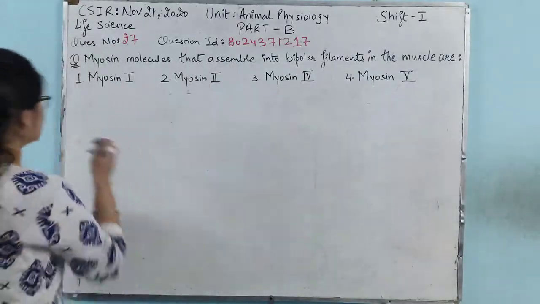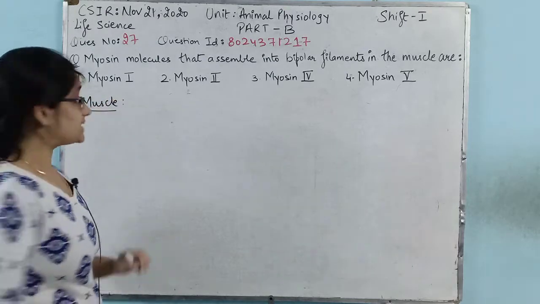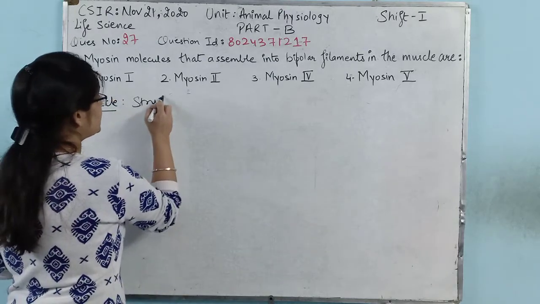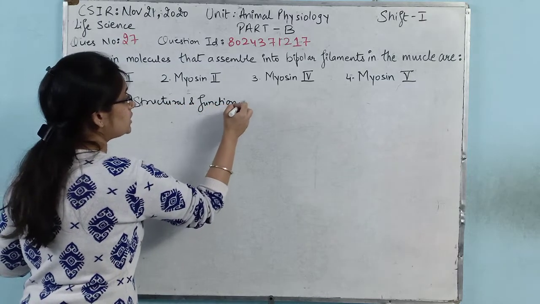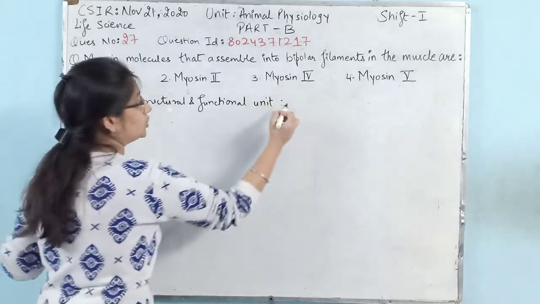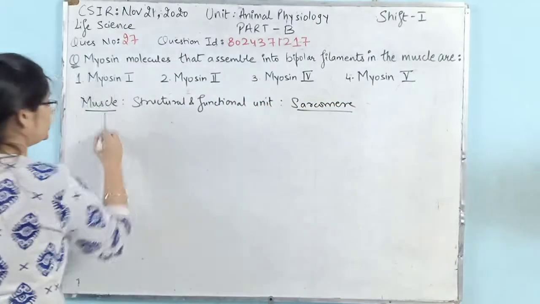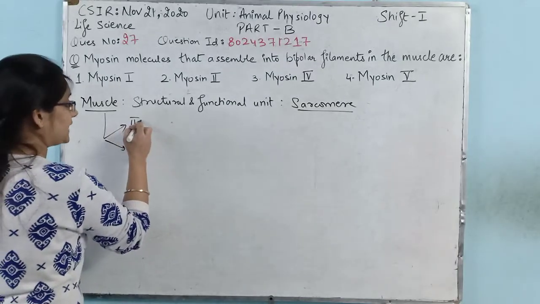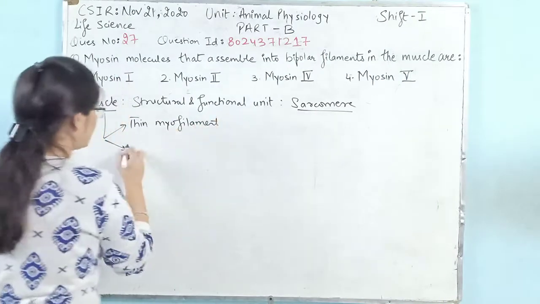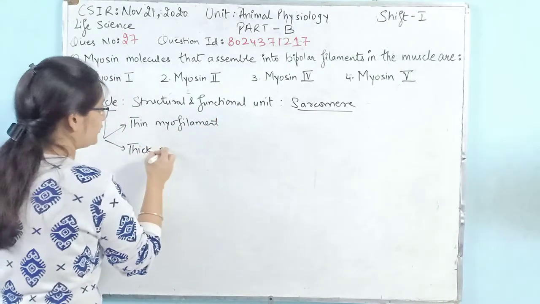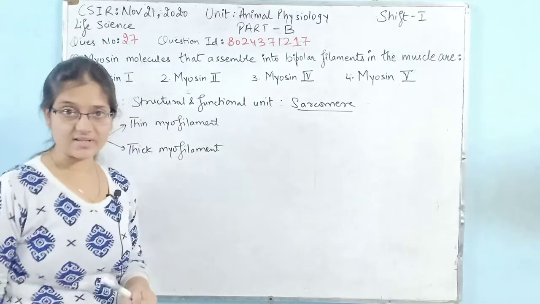So guys, the muscles in the human body have a structural and functional unit known as the sarcomere, in which you have thin myofilament and thick myofilament, the filaments which exist in the structure of muscles.